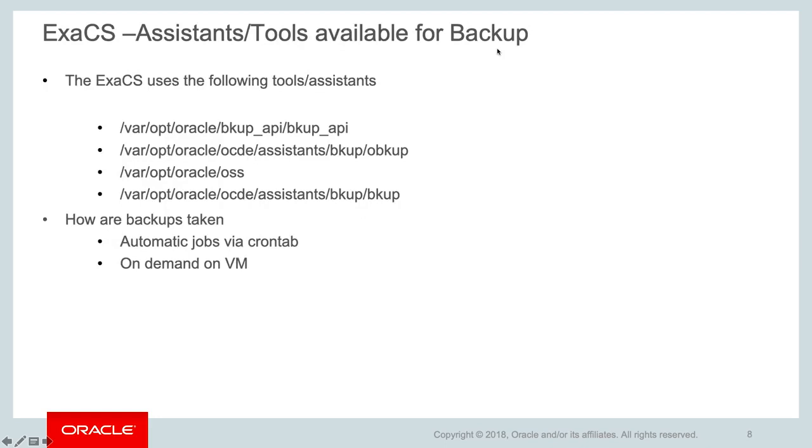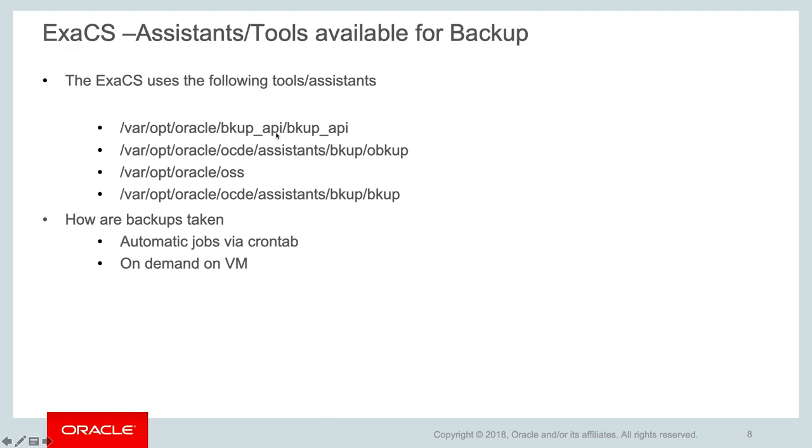Once the prerequisites are done, this slide talks about the different assistants and tools available for backup. If you see here, we have a directory called /var/opt/oracle on each of the ExaCS DomUs, and inside that you have backup API, which is the one that takes the heavy duty.